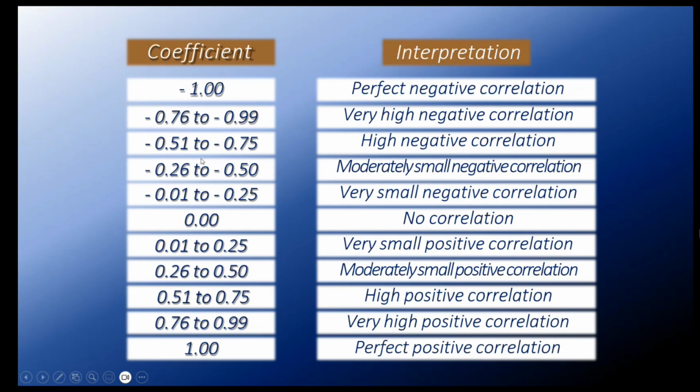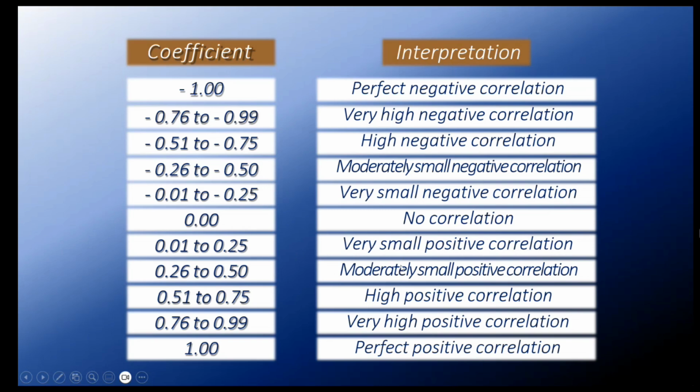We do have the others. So we do have high, moderate, very small. If we do have R of 0.00, it means no correlation. And then if we do have positive values of R, we do have positive correlation.